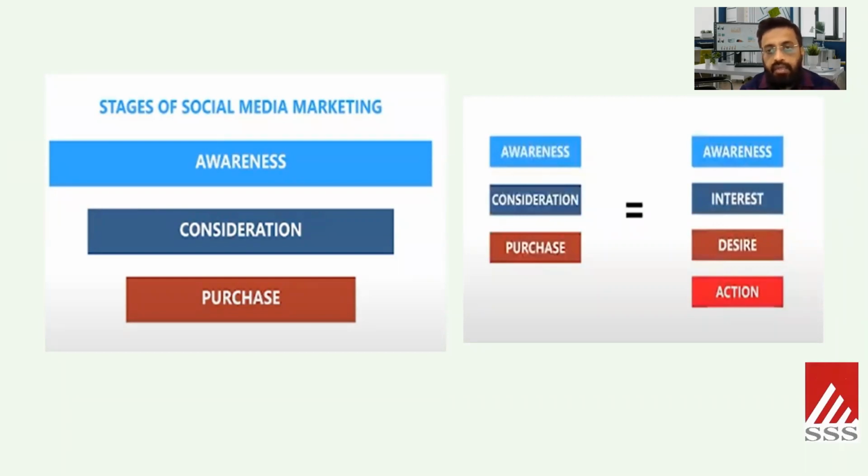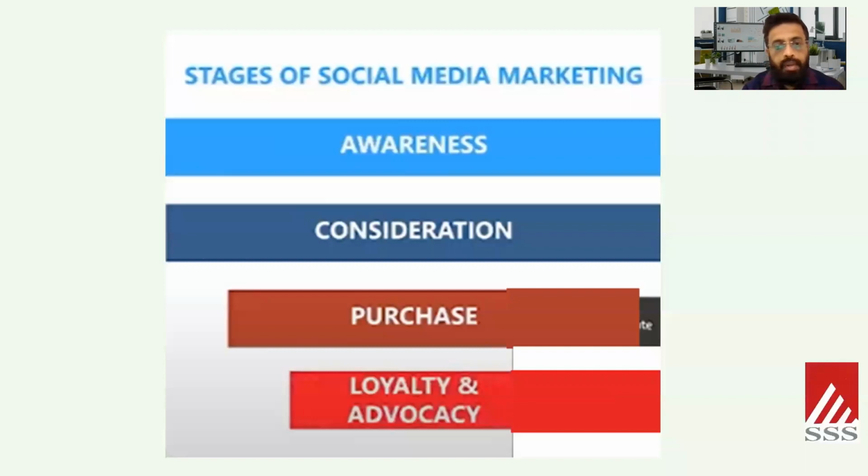The awareness, interest, desire, and action in normal marketing is converted into awareness, then consideration, then purchase. More or less, the stages are the same, but what we have to add extra in social media marketing, apart from awareness, consideration, and purchase, is loyalty and advocacy.